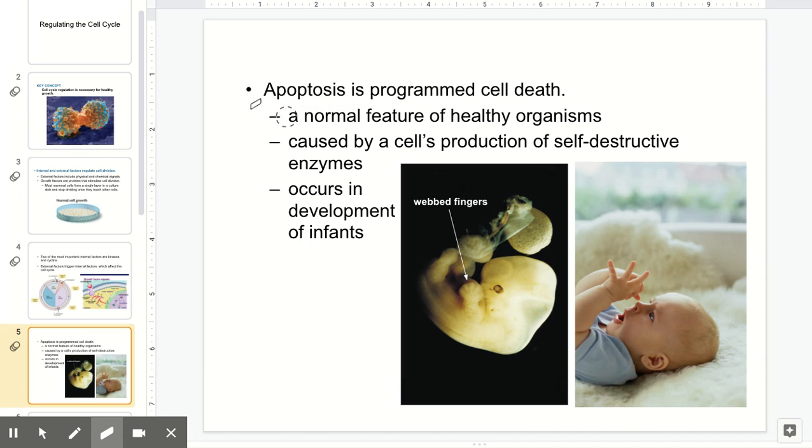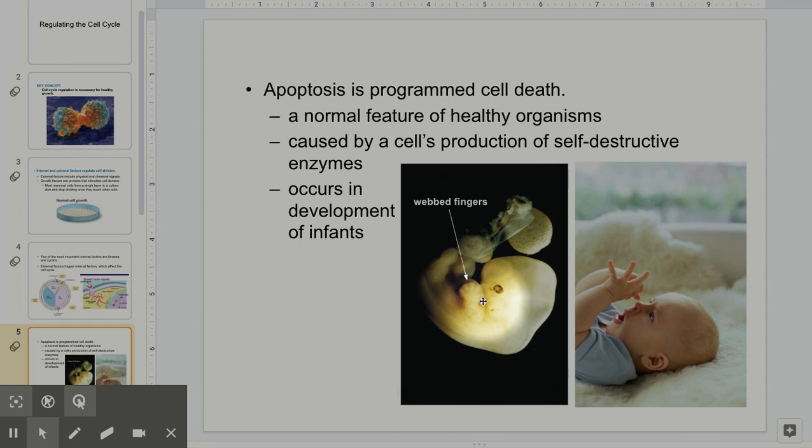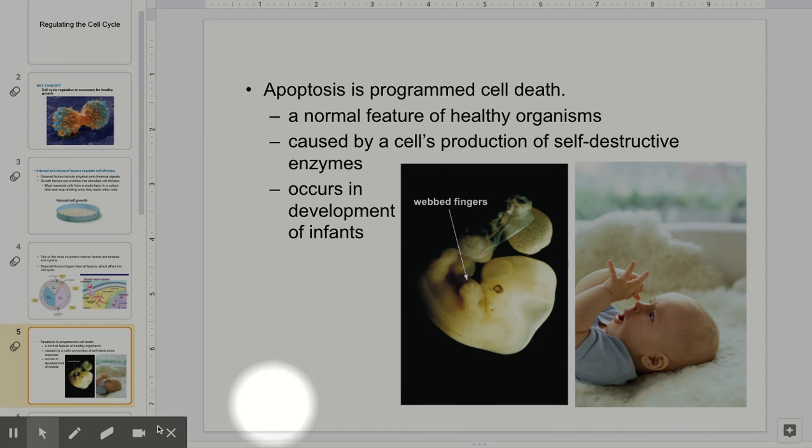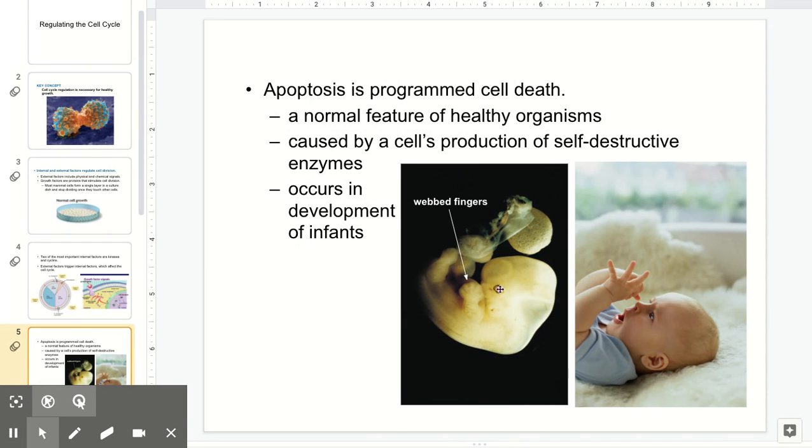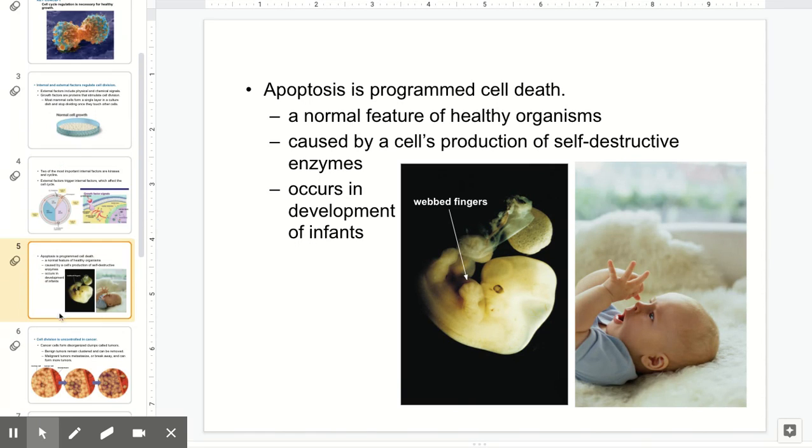In addition, during development, human babies start out with webbed fingers. You guys can see there, but clearly this baby here no longer has webbed fingers. So it is interesting to note that the cells in between the fingers do die off or self-destruct, and they're supposed to. They're supposed to do that.